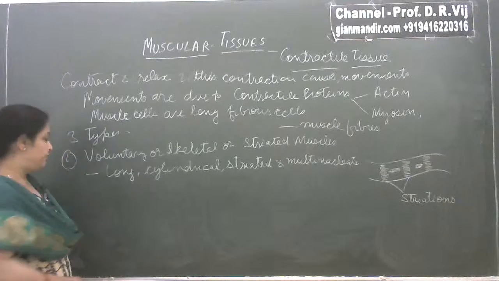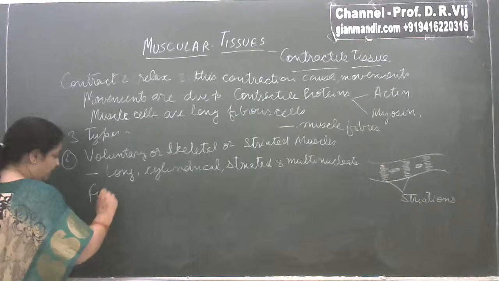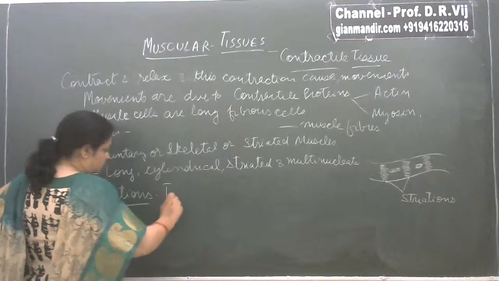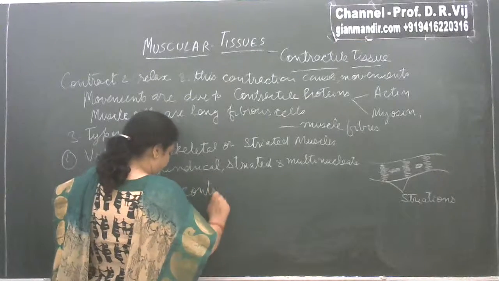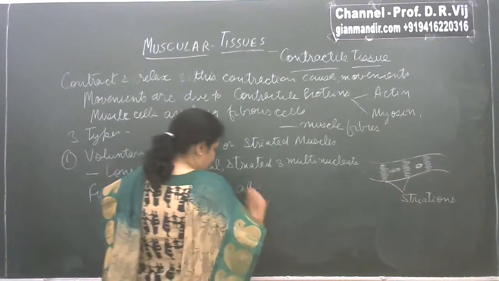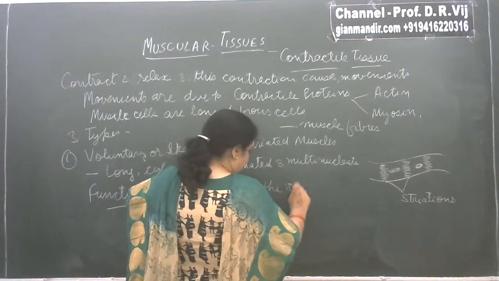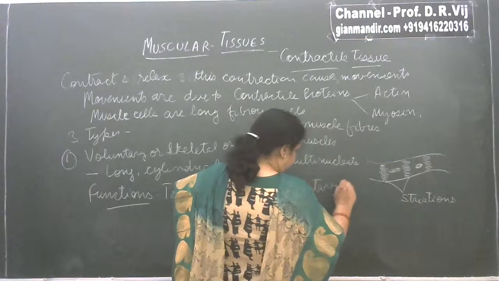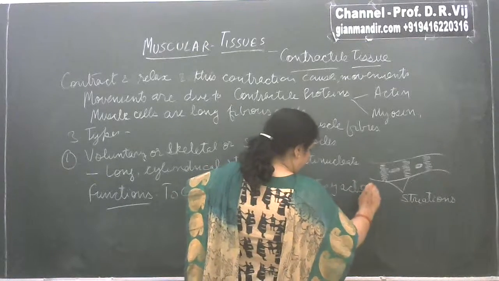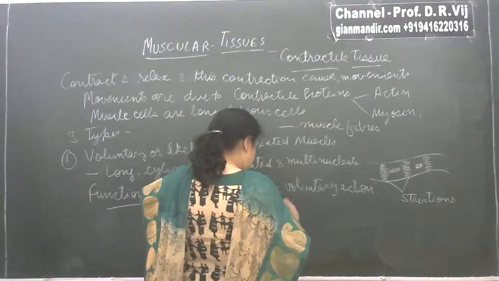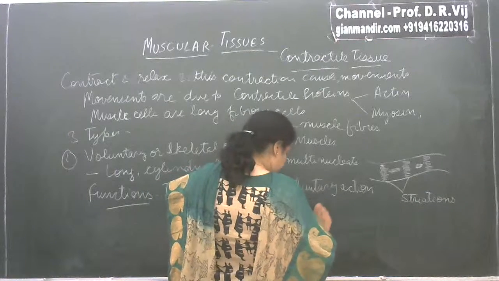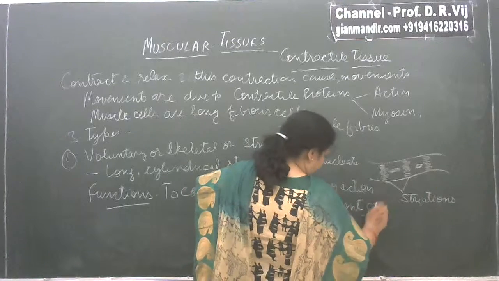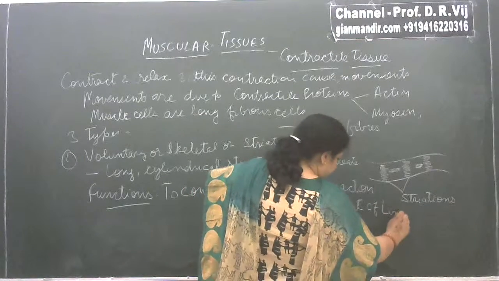They are known as voluntary muscles because if you look at their functions, their major function is to control all the voluntary actions of the body, like movement of limbs.